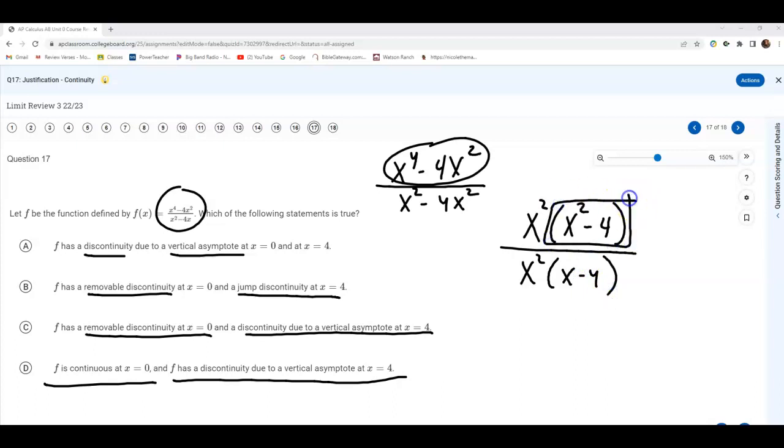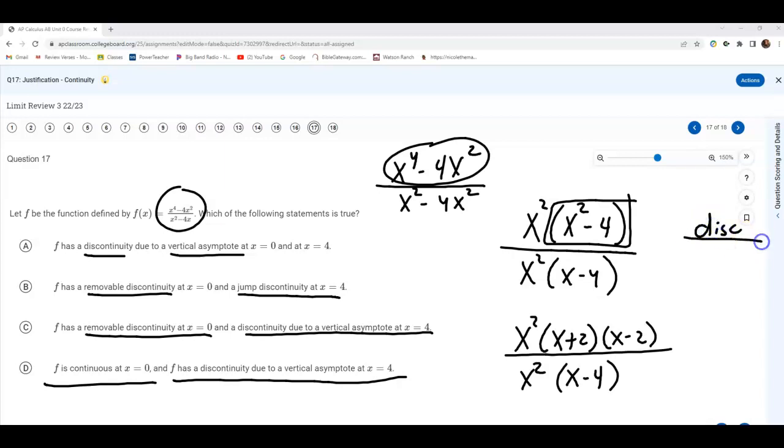I also see that the expression on the top is a difference of squares. All right, well, anytime the denominator is equal to 0, you have a discontinuity. So we have discontinuities when x squared equals 0 and when x minus 4 equals 0. So that means we have 0 and 4. And that's not surprising because those are all the options they were talking about over here.